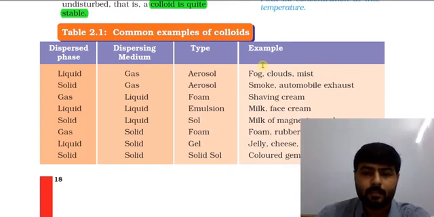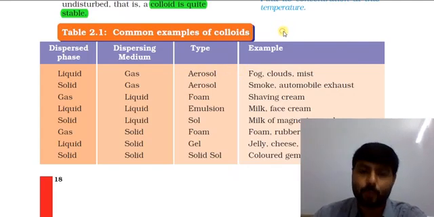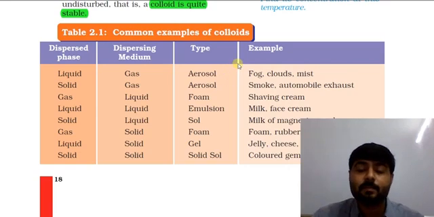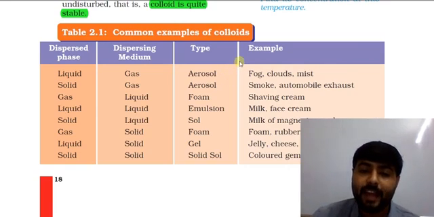For example, we have seen fog, cloud, mist. That is an example of colloids, and this type of colloid is aerosol.